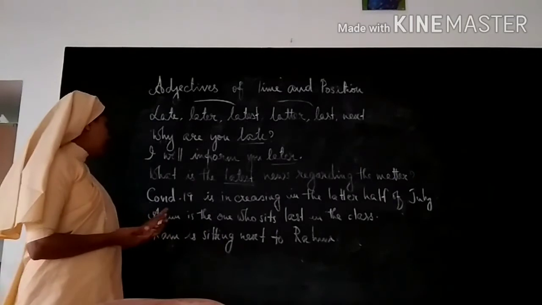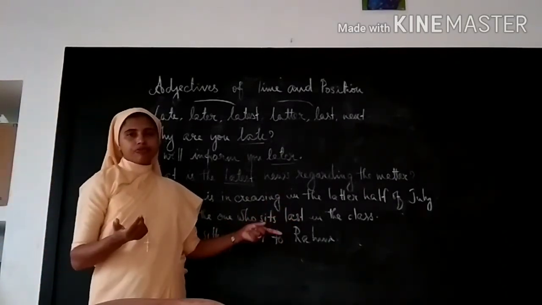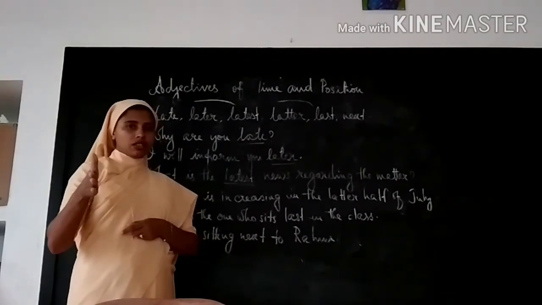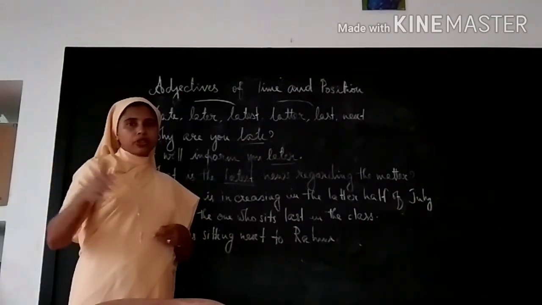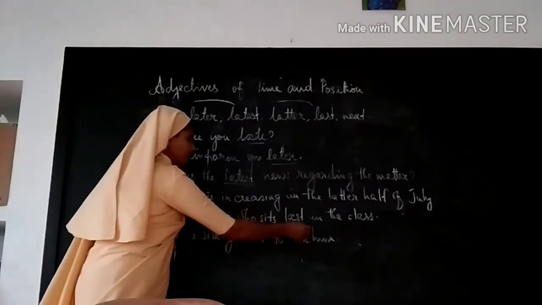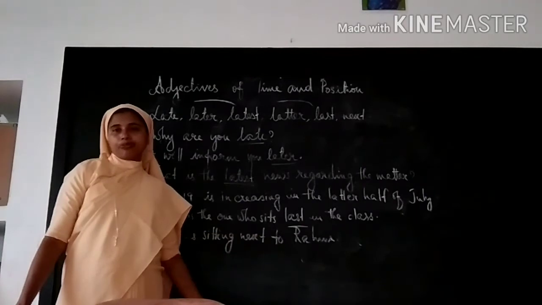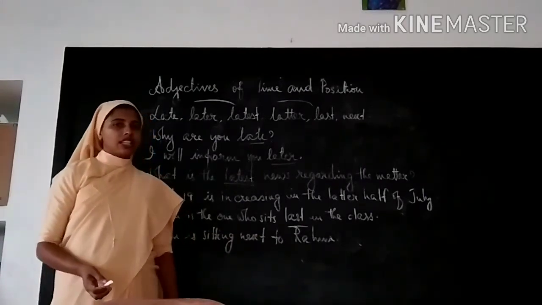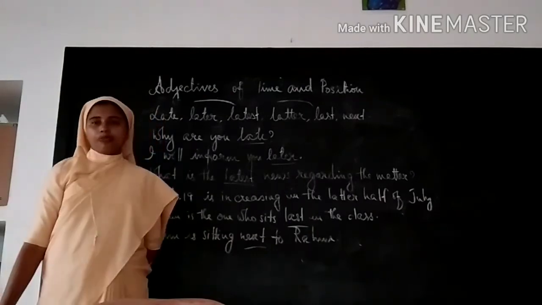And the next one is, Arun is the one who sits last in the class. So this is used in terms of position. Ram is sitting next to Rakim. Next to Rakim is used as position, as well as an adjective.